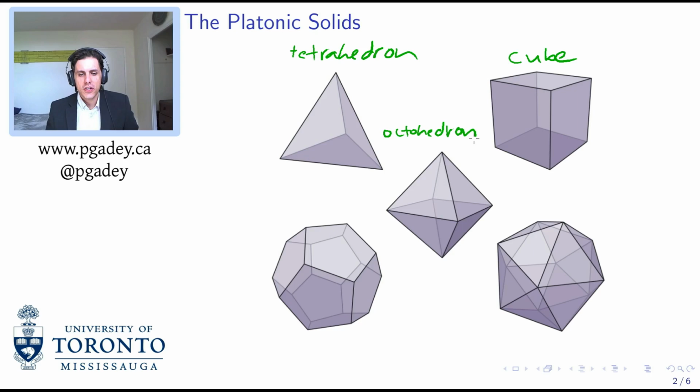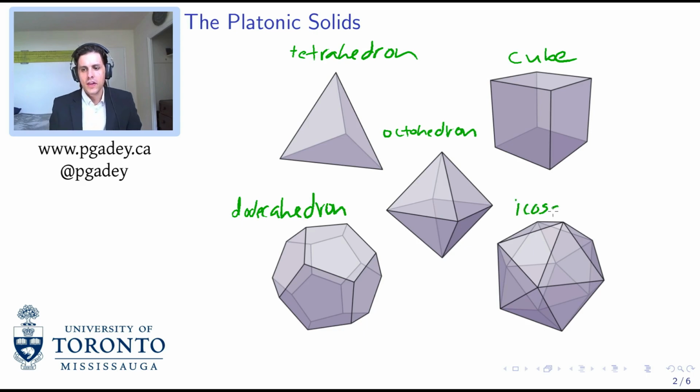The last two Platonic solids are the dodecahedron and the icosahedron. So that's the whole family, all 5 of them, and they play a central and very important role in mathematics.